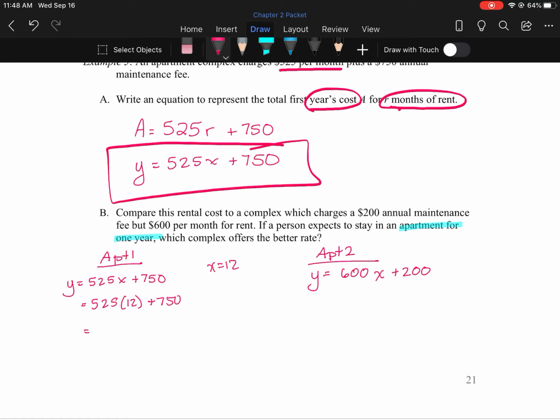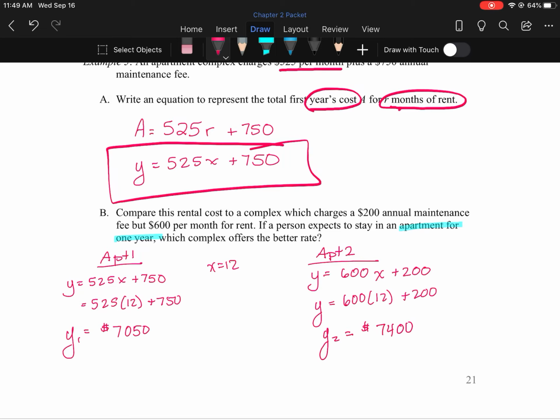Once we substitute in the first one, after 1 year, we would pay $7,050 for rent and our maintenance fee. For apartment 2, if we substitute 12 in, we would actually pay $7,400.